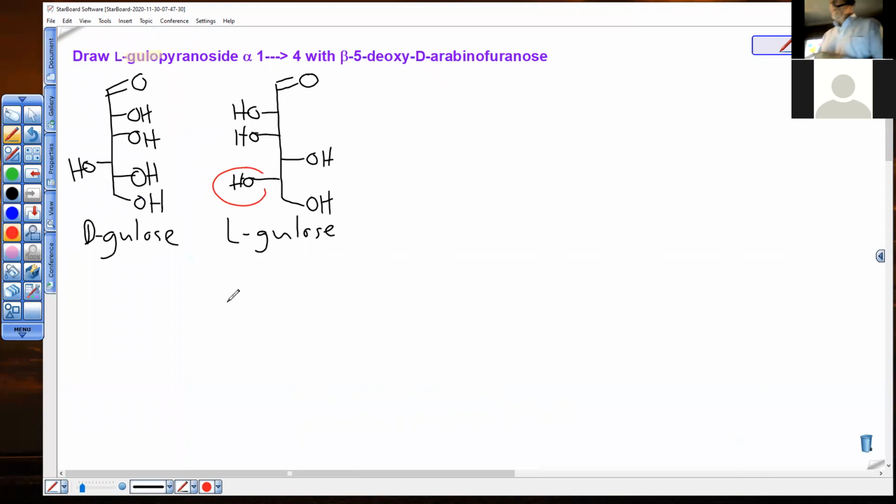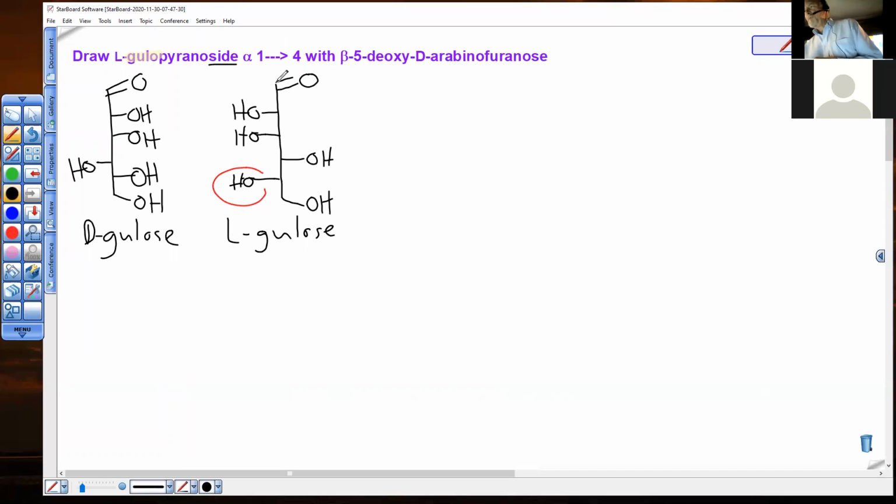There's L-glucose, and we're going to draw a pyranoside of it. So is that an acetal or a hemiacetal? It's an acetal, and that means the anomeric O on carbon 1. How do I know carbon 1 is the anomeric carbon?